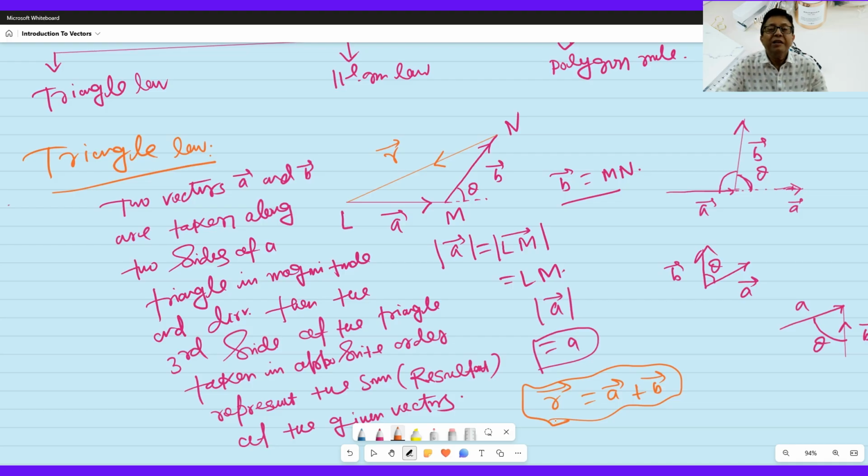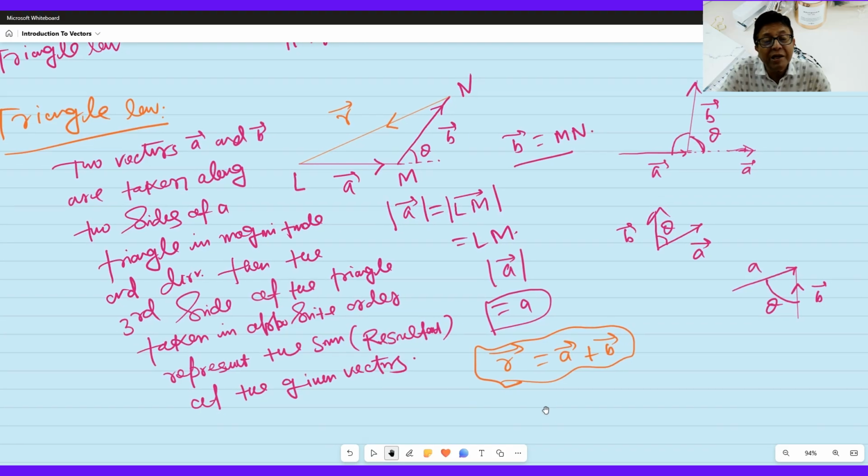Before that, I tell you one thing. The resultant has a magnitude. This side is also LM. This I have explained. If R is the resultant, this is actually NL. So when you write R equal to A plus B, just to represent vectorially, R represents the resultant of these two things.